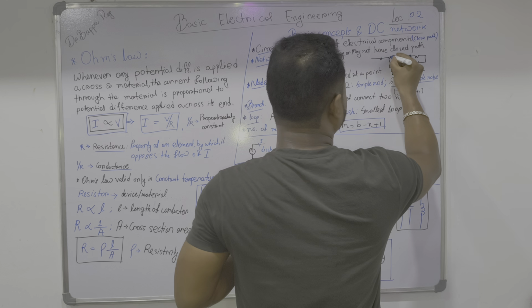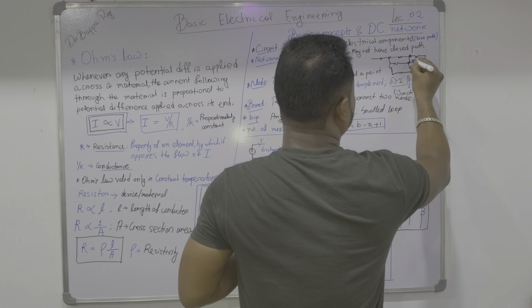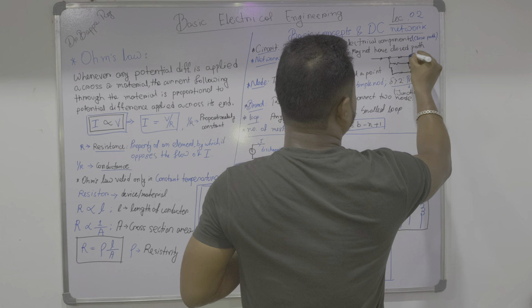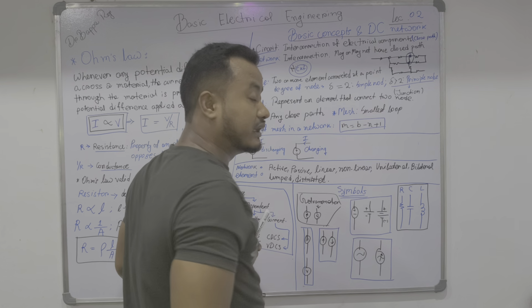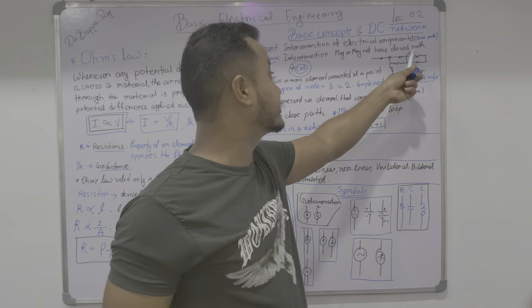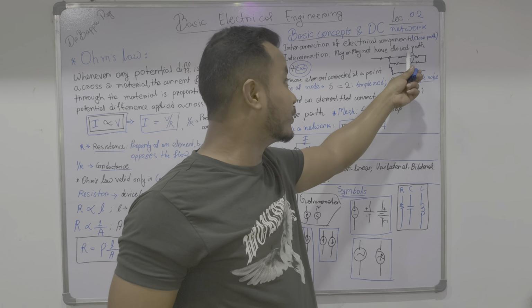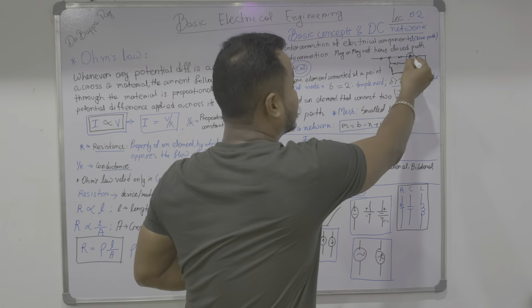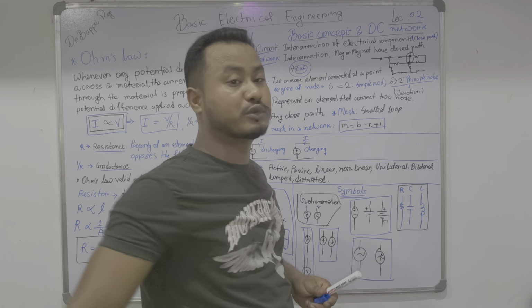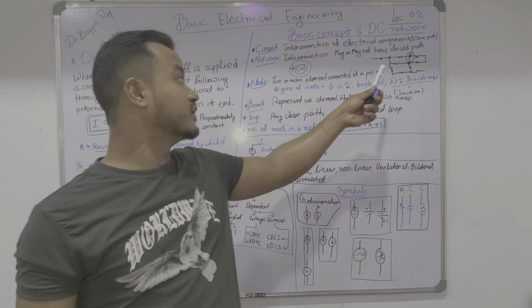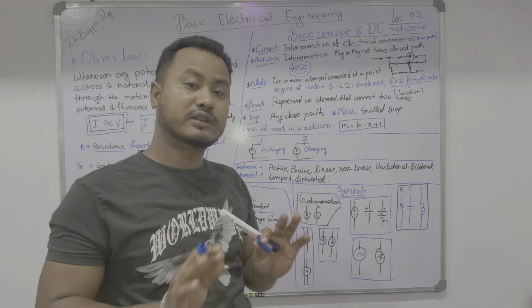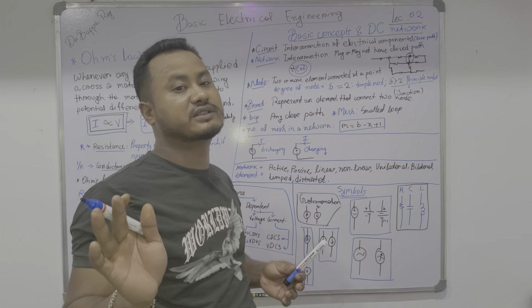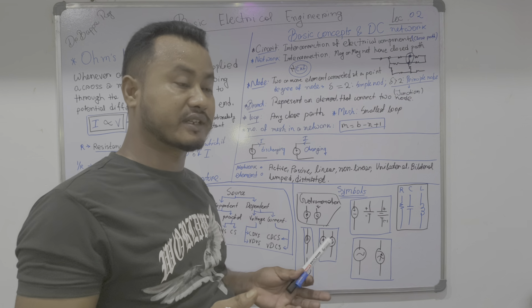Suppose this one and this one: if no element is connected between them, this is a single node. If we redraw it properly, we can see that it is a single node. A node is where two or more branches or elements are connected.